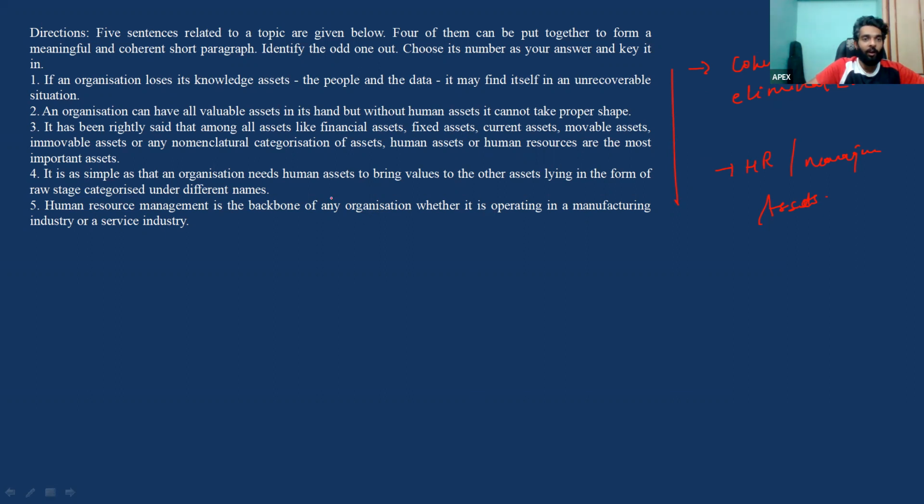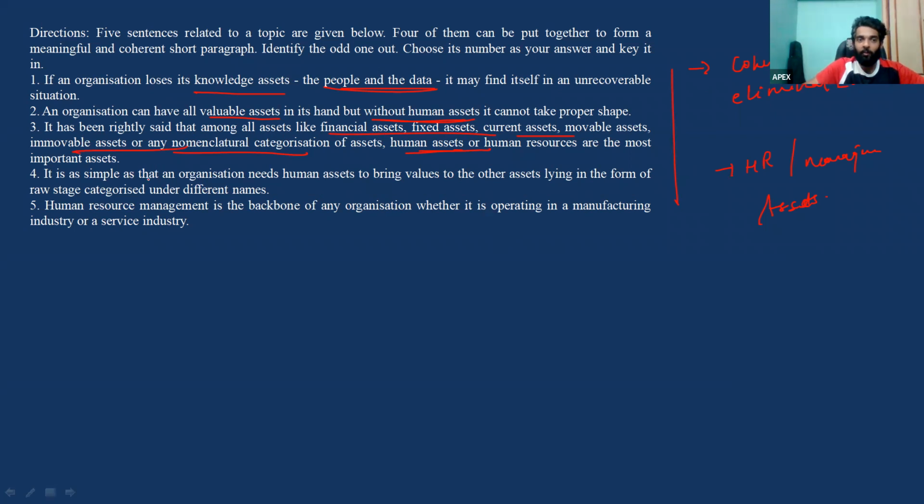So now, if we are looking at the first statement, if an organization loses its knowledge assets, the people and the data, it may find itself in an unrecoverable situation. Okay, an organization can have all valuable assets in its hand, but without human assets, it cannot take proper shape. It's been rightly said that among all assets like these, human assets are the most important.